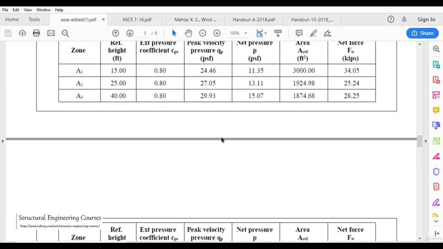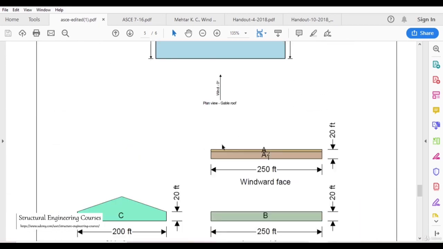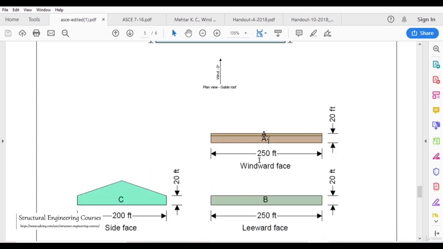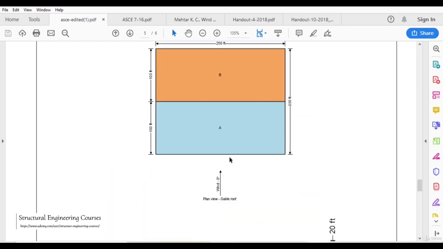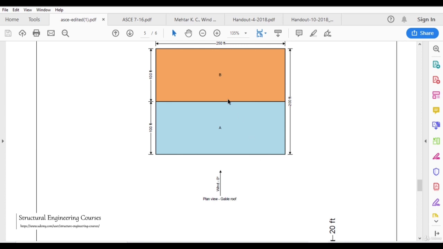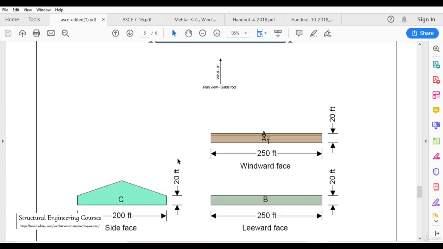If you see this diagram here, this is the windward face, this is the leeward face. A1, A2, basically he had divided into various heights, and this is classified as B, and these two side walls are classified as C and D.